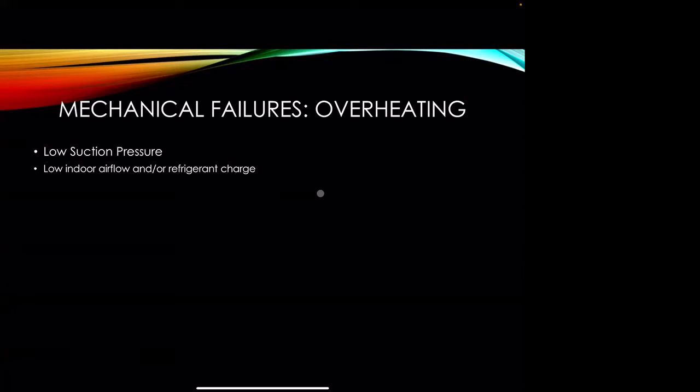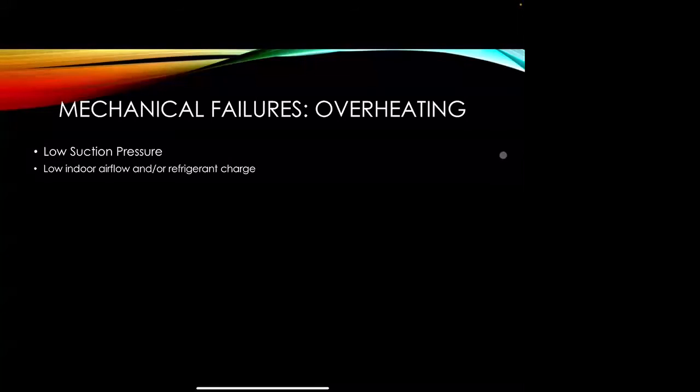Especially if it's a critically charged system, over time you're going to take refrigerant out of that system and that can result in a low suction pressure, which can lead to overheating. That's why it's very important to consider putting refrigerant gauges on before you do every single time.